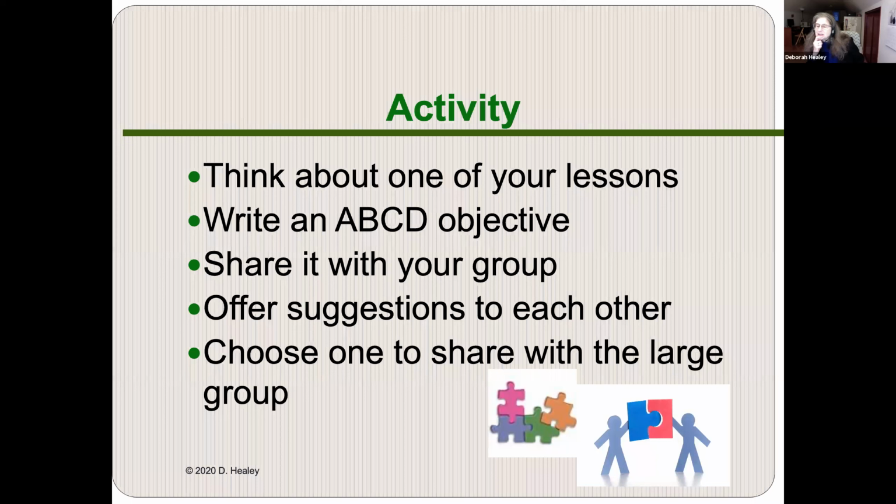They read a letter to the editor and write a letter to the editor. How good does their letter to the editor have to be? Does it just have to be that they wrote one? That's okay too, if all you want is to see whether they will write it. That's good enough. But if you want them to do it in a certain way, to a certain level of quality, put that in your objective.